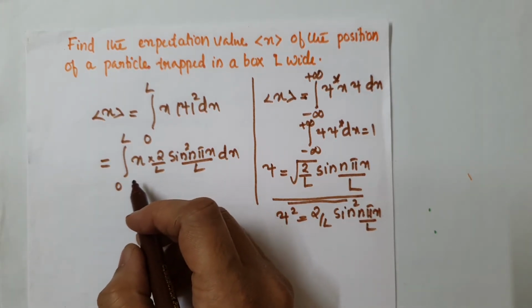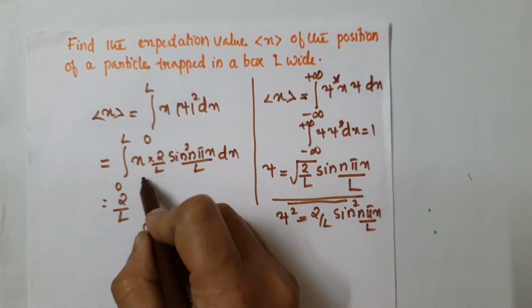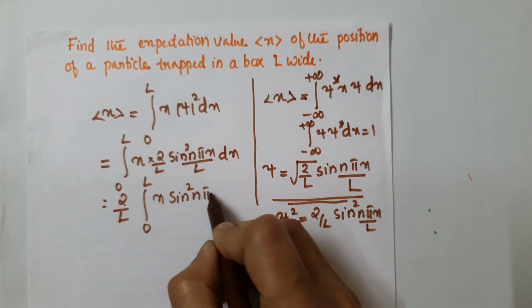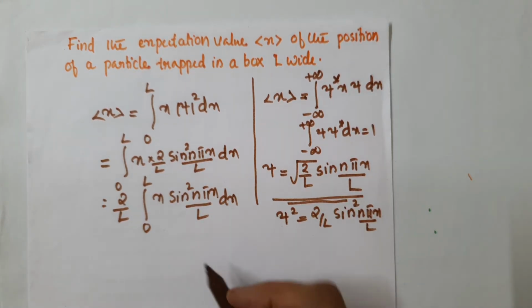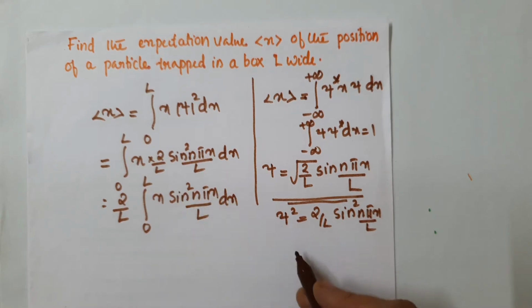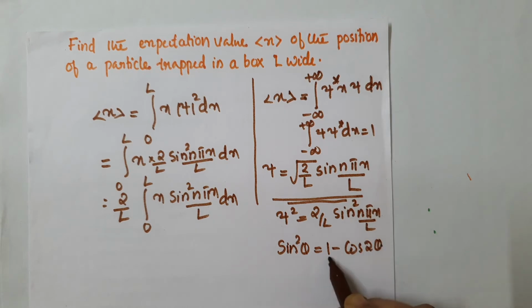Taking 2 by L outside, that is 2 by L integral 0 to L x sin square n pi x by L dx. And this is in the form sin square theta. We know that sin square theta is 1 minus cos 2 theta by 2.